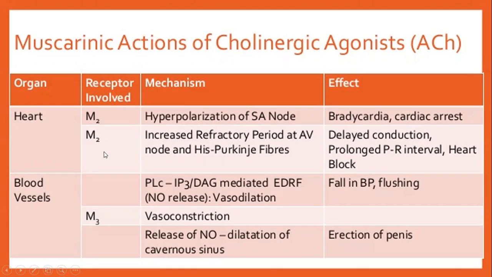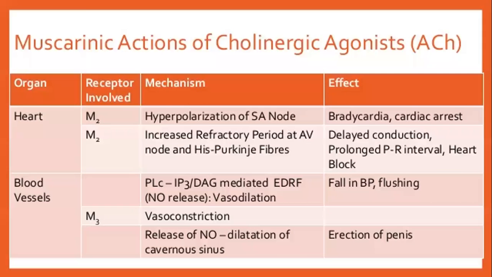And one more thing, it delays the conduction. Why does it delay the conduction? Because after binding with the M2 receptor, acetylcholine decreases cyclic AMP and the functions of cyclic AMP decrease. So the mechanism is an increase in the refractory period at the AV node. What do you mean by refractory period?